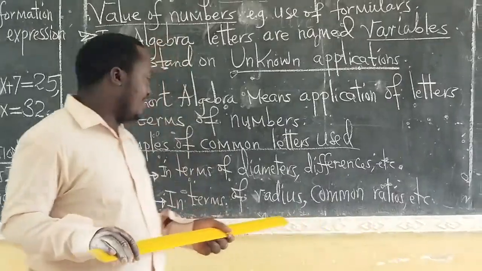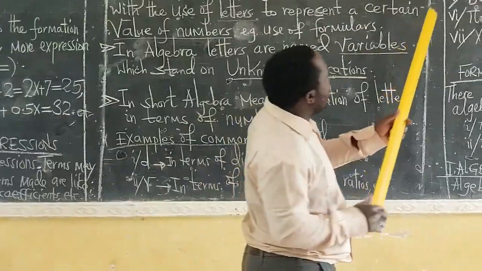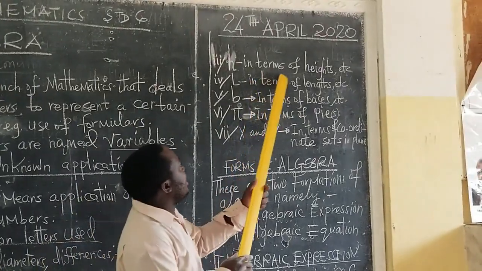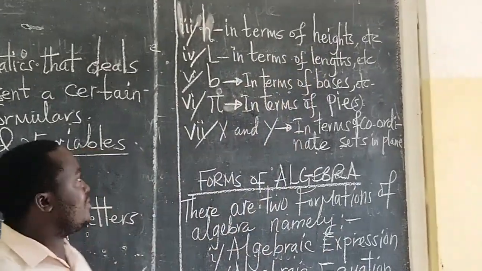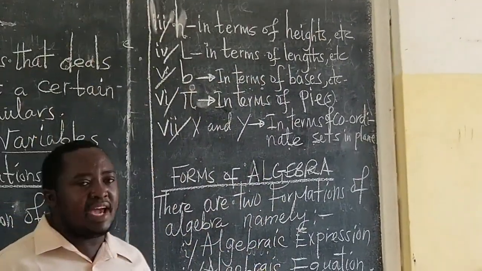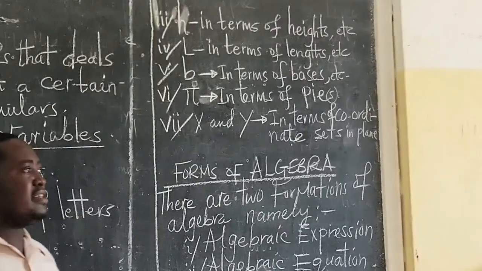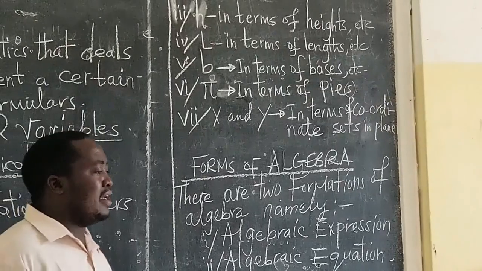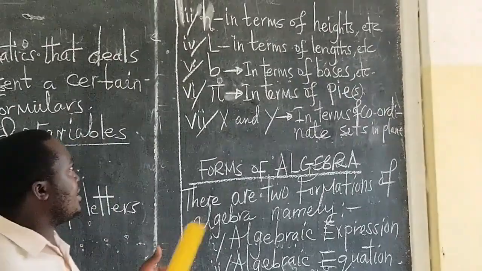Mathematicians know about this. Also we have the use of letter H, which is used in terms of heights. You will see use of heights in triangles, heights in cylinders, heights in triangular prisms, etc.